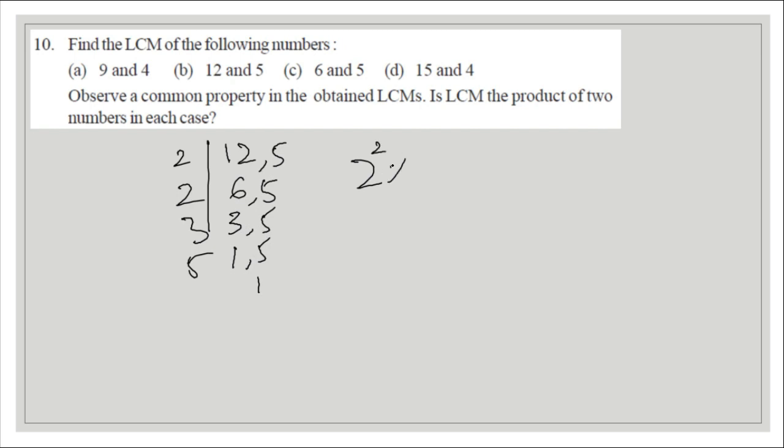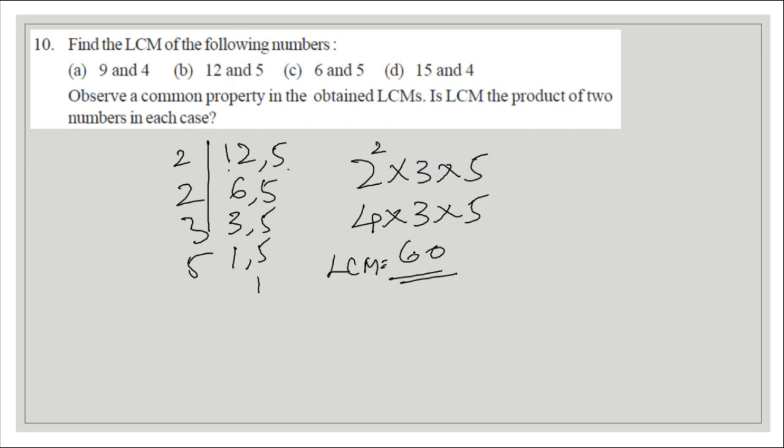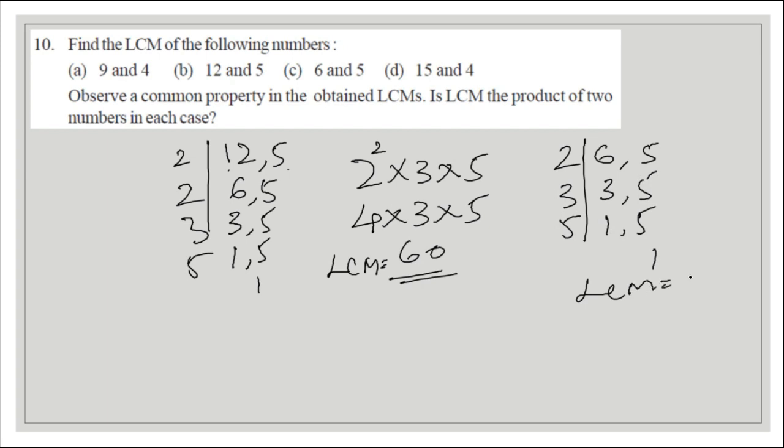So 2 square into 3 into 5. So 4 into 3 into 5, nothing but 60. 12 fives are 60. So LCM is the product of the numbers. If you want to find for 5 and 6, 2 threes, so 3 one time, 5 one time, LCM is 30. It is the same as the product of the numbers here.